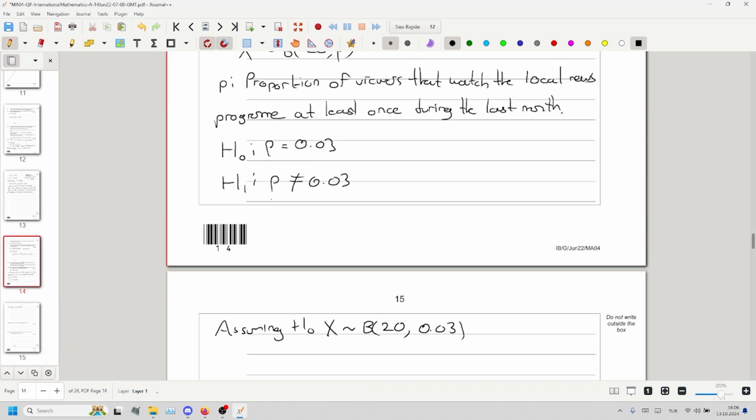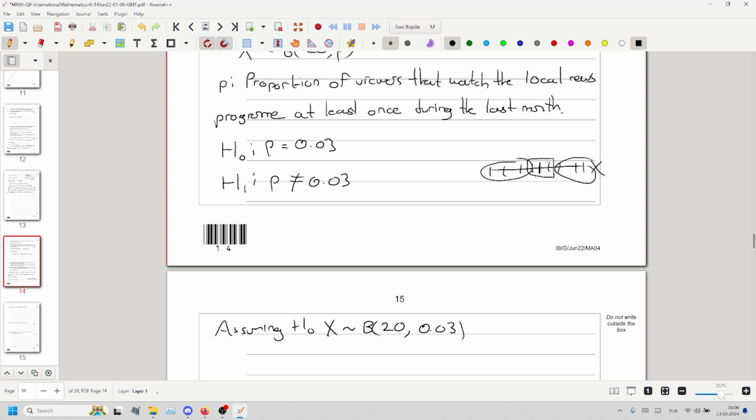Now, the fact that the claim is that the probability is not equal to 0.03 suggests that we're going to do a two-tailed test. So if we consider the number line in which the values of our random variable X can take, we're going to have a two-tailed distribution, like something like this, and this is going to be the acceptance region in the middle.